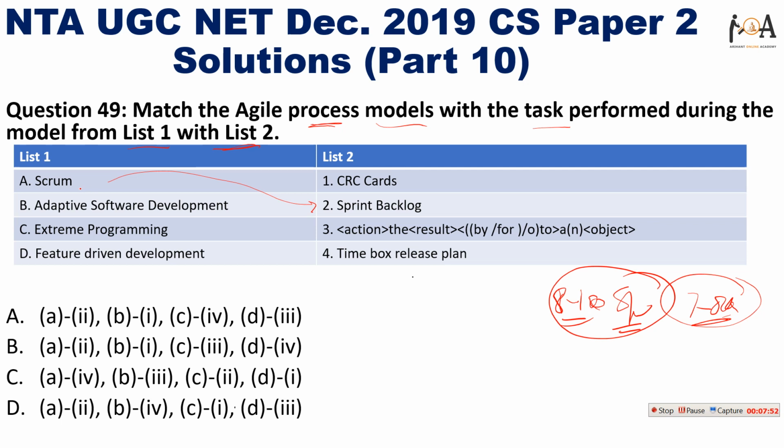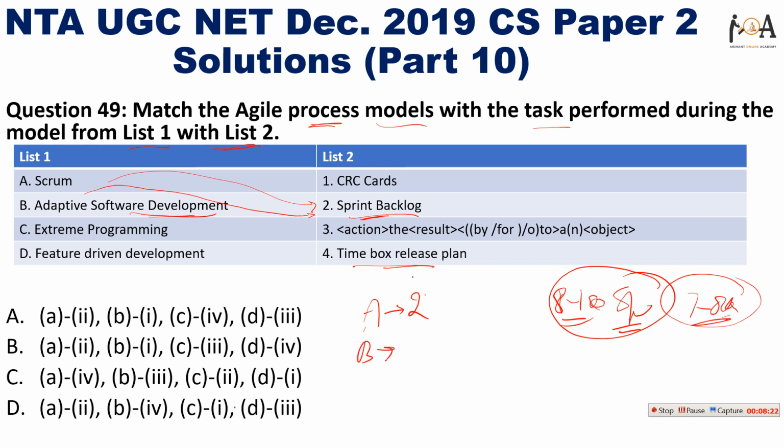So scrum directly matches with the sprint backlog. Whenever scrum comes to your mind, it should be sprint backlog. So A should go with 2. Then adaptive software development, basically time box release plan, right? Adaptive means you have to adapt every time by releasing in a time box release plan.